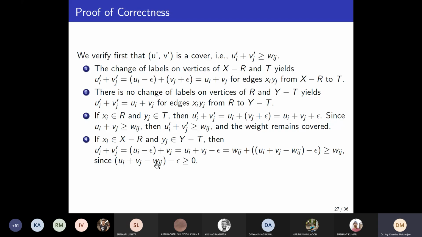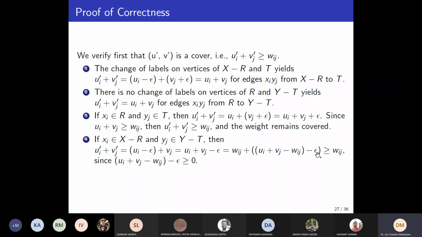And what is epsilon? Epsilon is the minimum value among the uncovered elements. That is why ui plus vj minus wij is a positive excess. This is the positive excess amongst which the minimum value is epsilon.